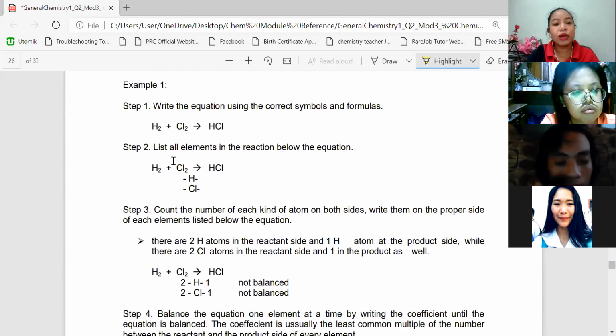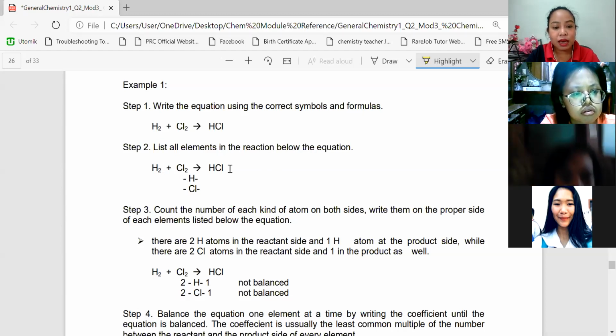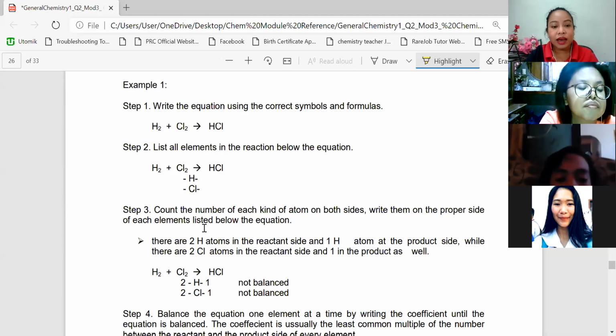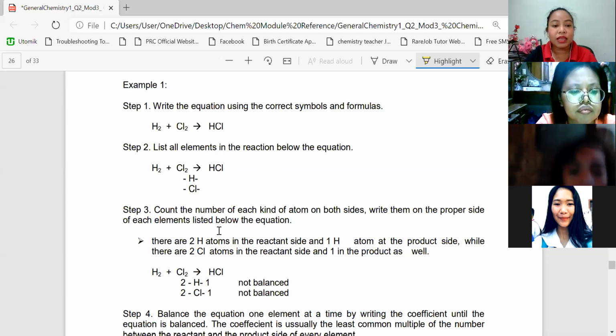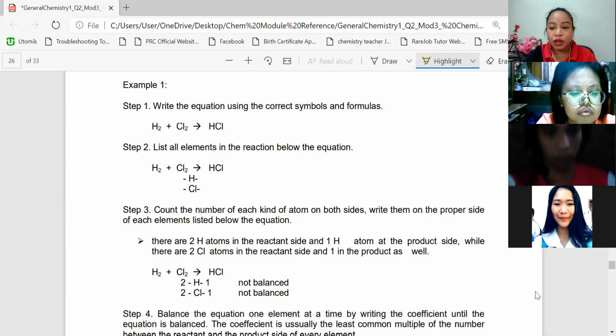Step 2, we list all elements in the reaction below the equation. The elements in this chemical reaction are only hydrogen and chlorine. Then count the number of each kind of atom on both sides.